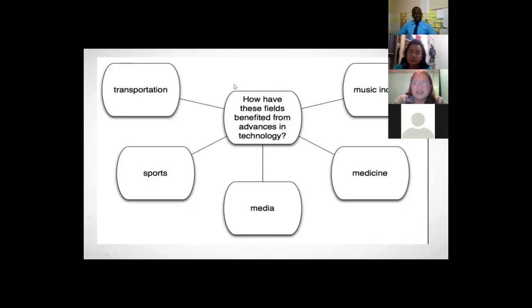And music, nowadays we have Spotify. Maybe 10 years ago I had CDs, USB. Nowadays we have Spotify. It's a different kind of way to listen to music.